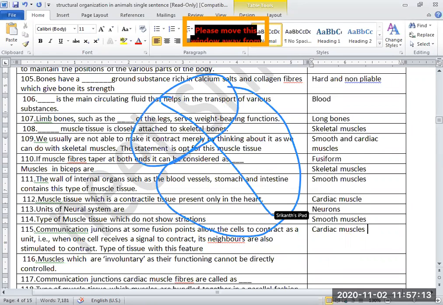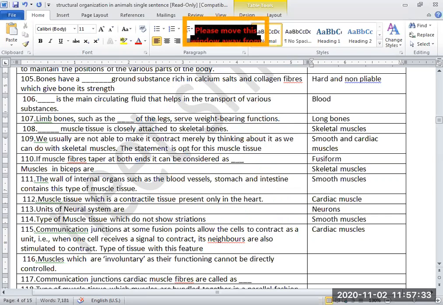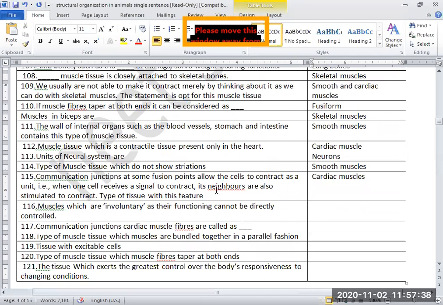It starts from the sinoatrial node, then goes to the AV node, and from there to the bundle of His, and then the Purkinje fibers. From the Purkinje fibers, from one cardiac muscle to the other, the contraction of the heart is transferred because of the intercalated disc. This is the complete story which we learn in body fluid circulation. Okay, next.